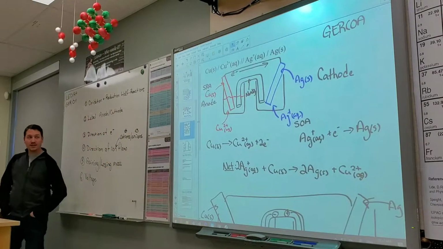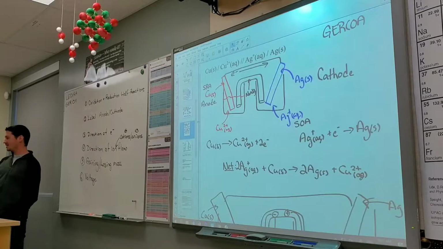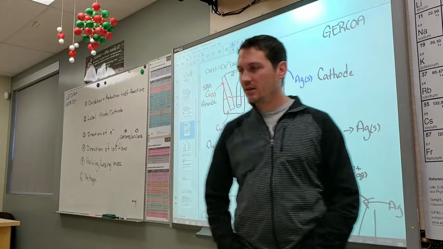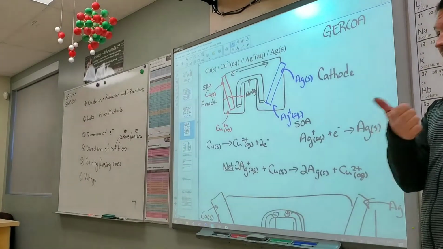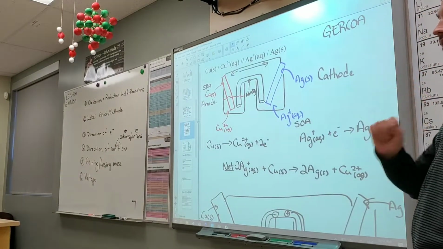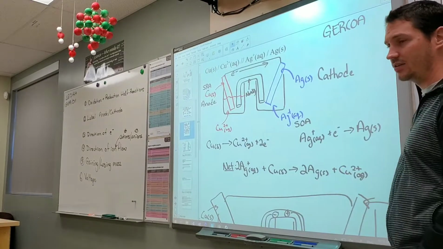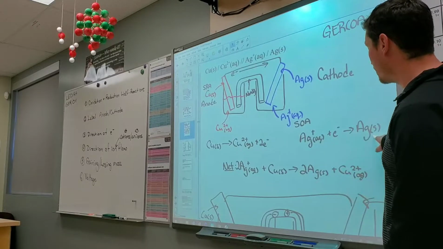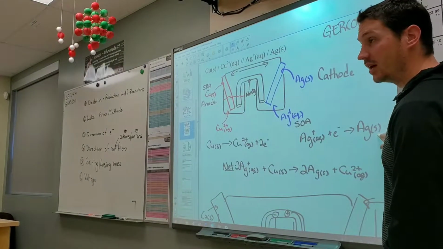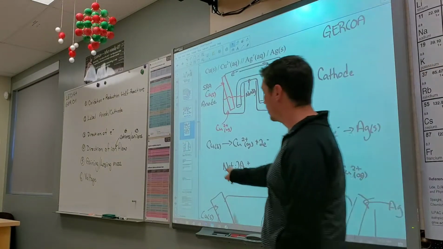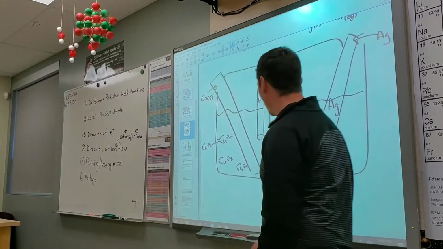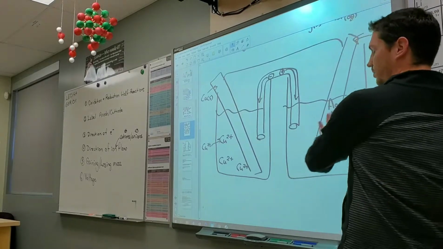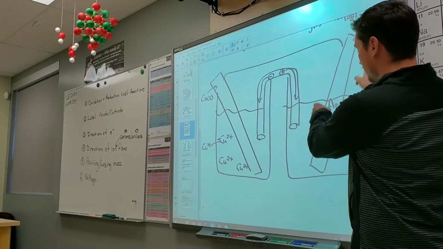Which one of these electrodes is gaining mass? The silver. How do you know the silver is gaining mass? Because it's the cathode, but more importantly, let's look at the half reaction. It's gaining an electron, but it's making a solid, right? I tried to draw it on here: the ions are combining with electrons, and they're depositing themselves on the side of this electrode.